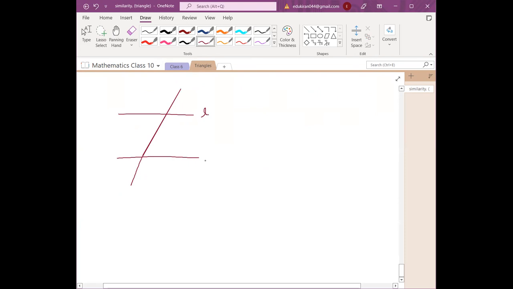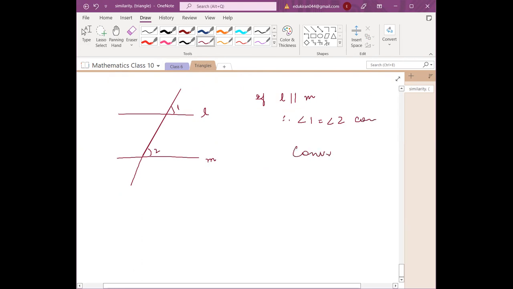If this is your line L and this is your line M, and if line L is parallel to line M, then angle 1 is equal to angle 2, corresponding angles.